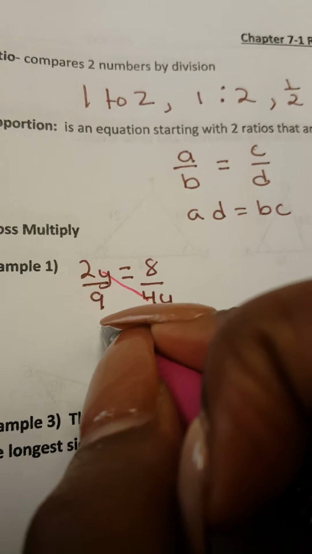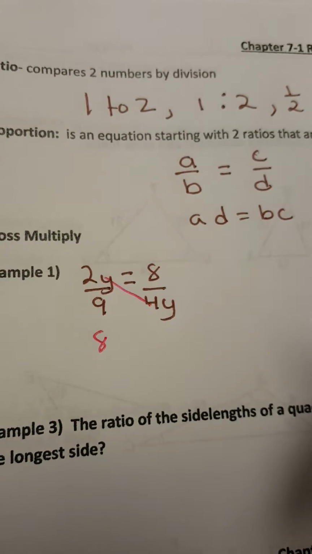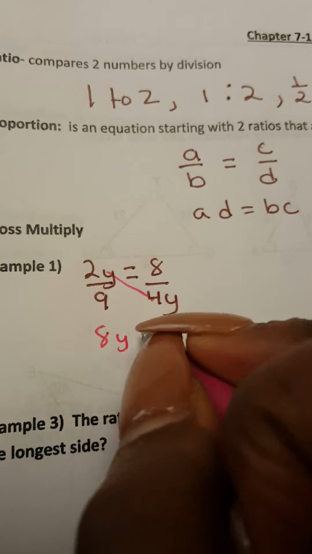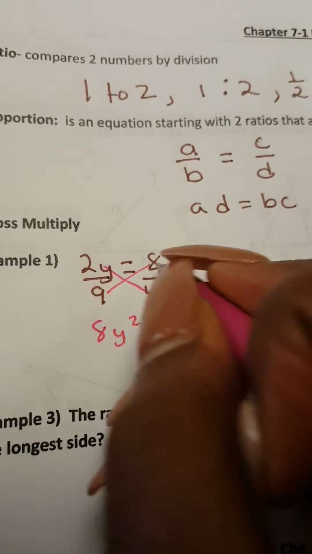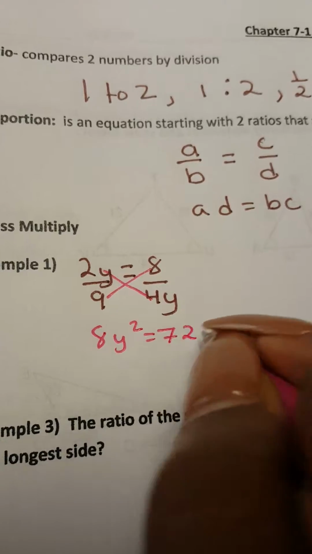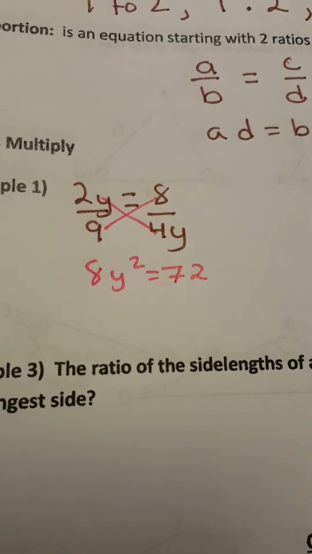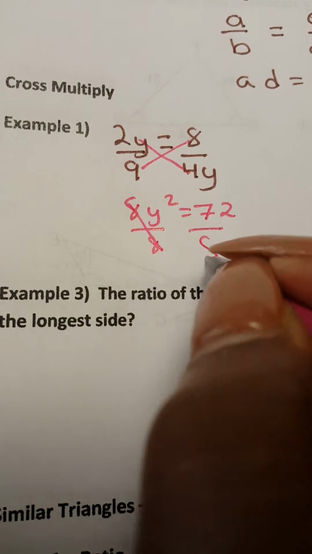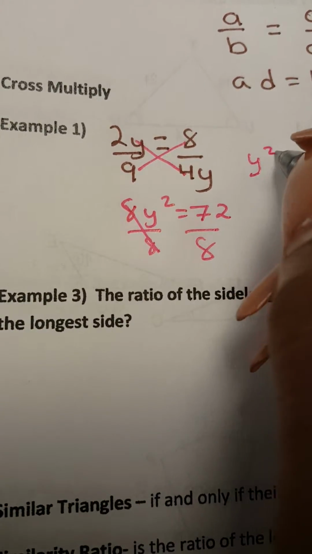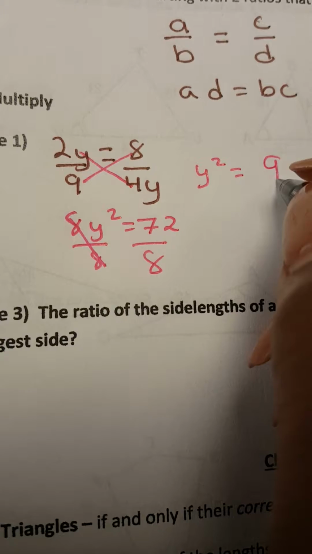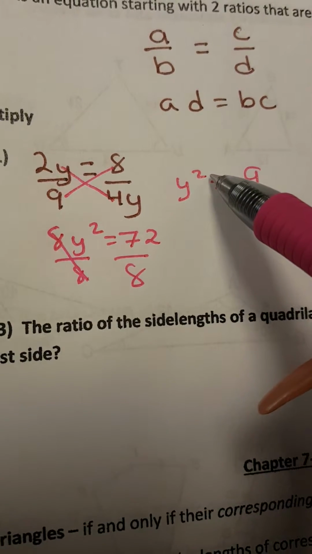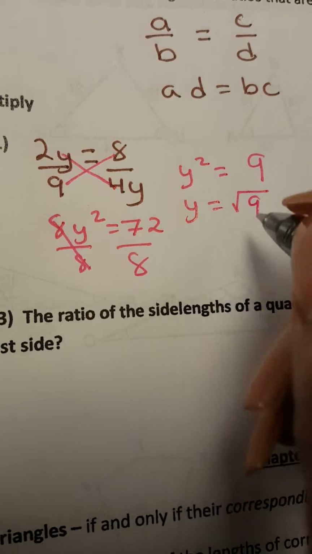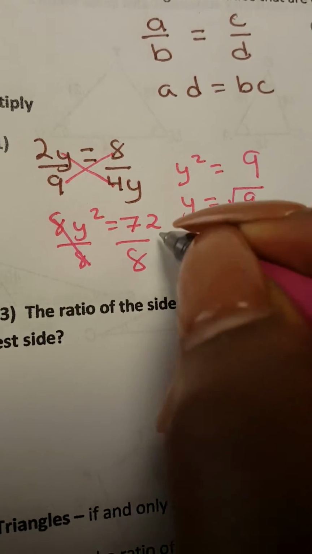So that'd be 8y squared equals 9 times 8, which is 72. Divide by 8. So I'll be left with y squared equals 9. And remember, to get rid of a squared, you do the square root. So y equals the square root of 9, which is 3.